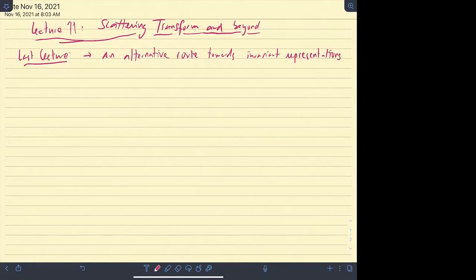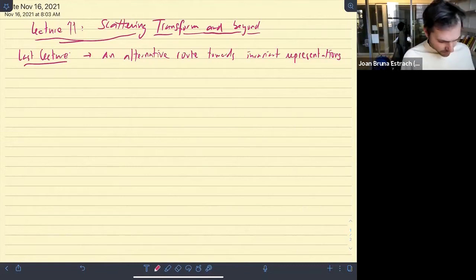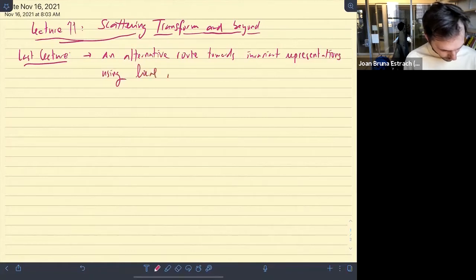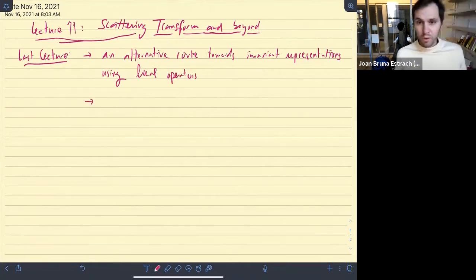Okay, perfect. So we saw a route towards invariant representation that was using local operators. And we started to discuss a particular family of these operators that were wavelet transforms.